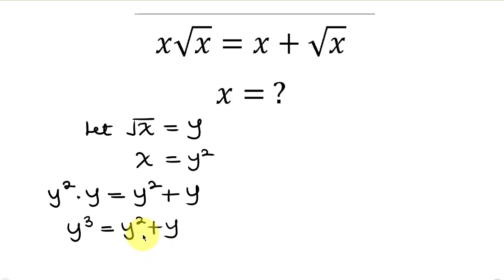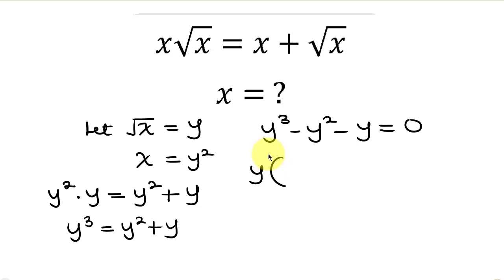Now our next step will be for us to move what we have on the right hand side to the left hand side. So on the left we have y cubed, and as y squared crosses to the left, it becomes minus y squared. And as y crosses to the left, it becomes minus y. And this is equal to 0. So now notice that y is common on the left hand side. So now let's factorize y. Factor out y.